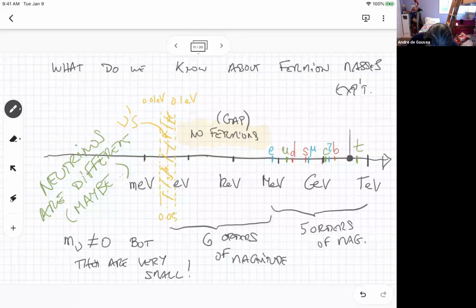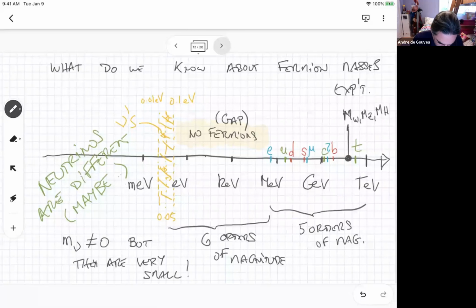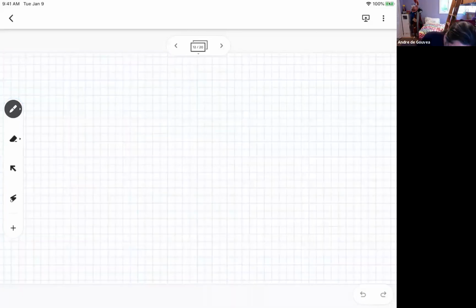So this is the M_W, M_Z, and M_Higgs, which in itself is also a peculiar statement. Okay, so that's all I want to say about stuff that everybody should already know. So now let's move to neutrino masses.